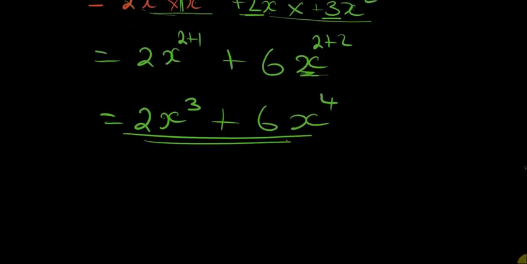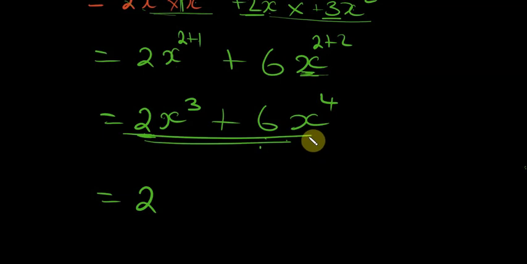If one wants to factorize this one, ask yourself a question: which factor is common to 2 and 6? Or what is the highest common factor of 2 and 6? In this case, we have 2. And what is the highest common factor of x cubed and x to the 4th power?